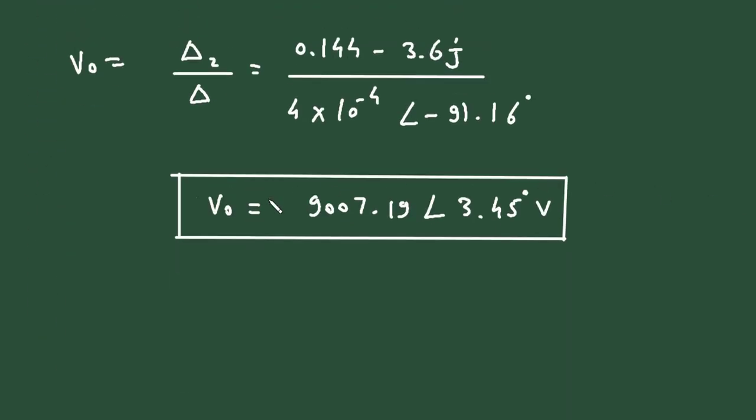Now we got the value of VO in phasor domain. In time domain, this will be V is equal to Vm cos omega t plus phi.